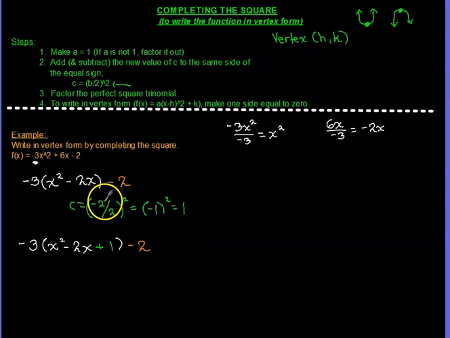But be very careful with your adding to check what it is that you actually added, because in this case, it just looks like you added 1, right? However, if I were to distribute this negative 3 into the parentheses, which I can, I'm not actually adding 1, I'm adding negative 3.